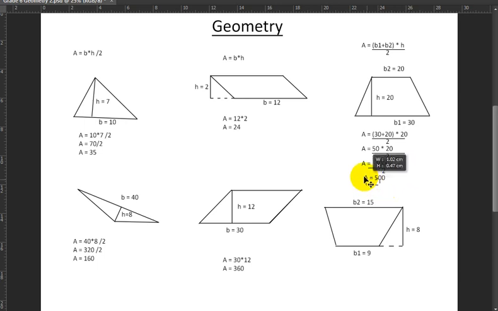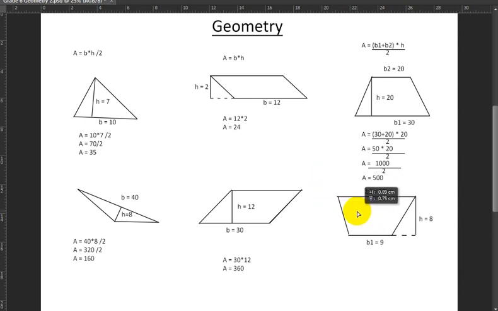So there you go. This is the way it would have been perfectly written if we had enough room. Okay, let's go on to the next one. Again, the area of the first one was 500.